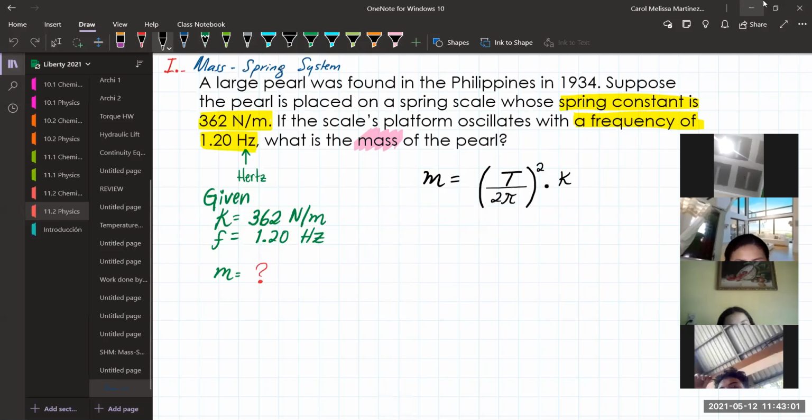In the presentation I sent you for this topic, I wrote 2 extra useful equations that are for frequency and period. One of those equations says that the period is equal to 1 over frequency.